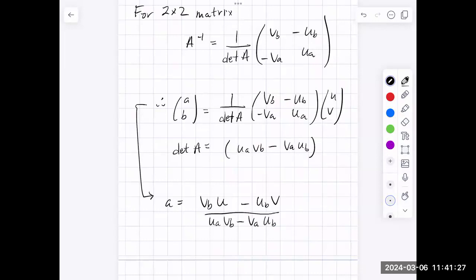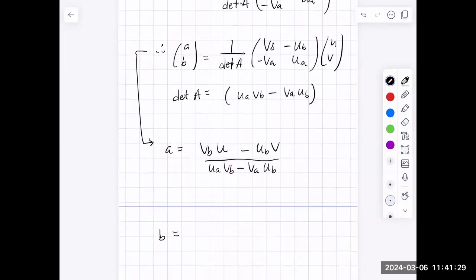And likewise, B would be equal to minus VA times U plus UA times V, and then we have to divide by the same determinant, UAVB minus VAUB.